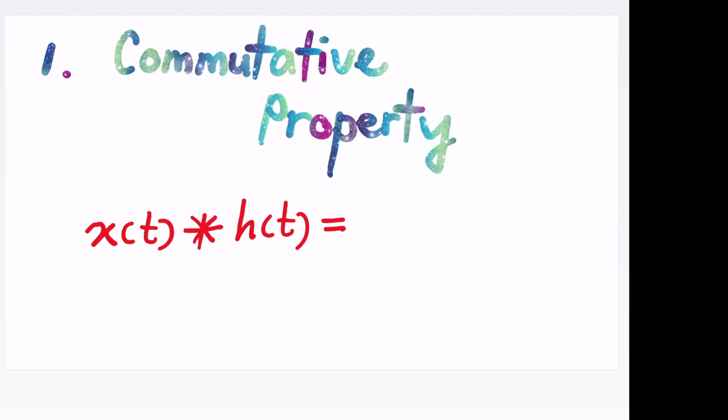The commutative property indicates that x(t) convolved with h(t) is equal to h(t) convolved with x(t). The second property of convolution is the associative property.